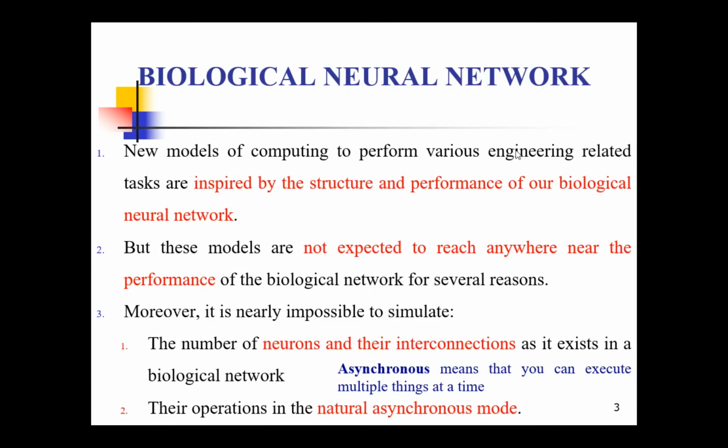We can eat, we can watch TV, we can speak on our mobile phones, or have some other thinking going on. Multiple tasks can be carried out by our human brain networks. Because of this only, the performance of the artificial models cannot be nearer to the biological neural networks.